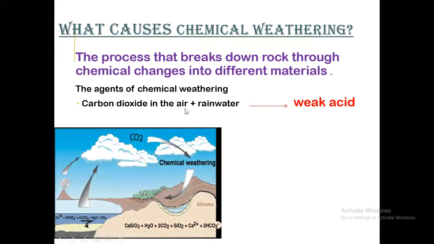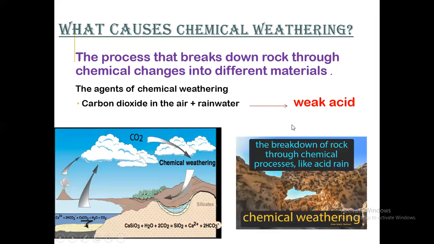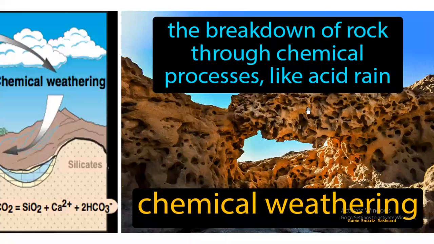When carbon dioxide from the air combines chemically with rainwater, it makes acid rain, which is a weak acid. When that weak acid falls on rocks, it slowly breaks them down into smaller pieces and can even change the type of rock. So the breakdown of rock through a chemical process like acid rain is called chemical weathering.